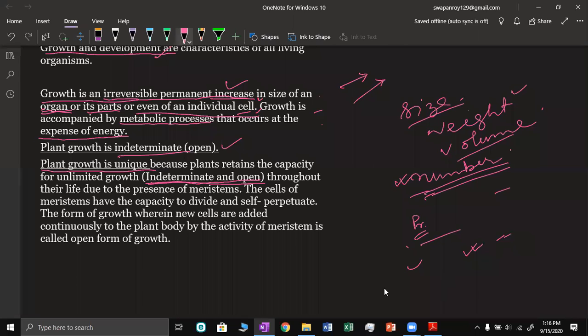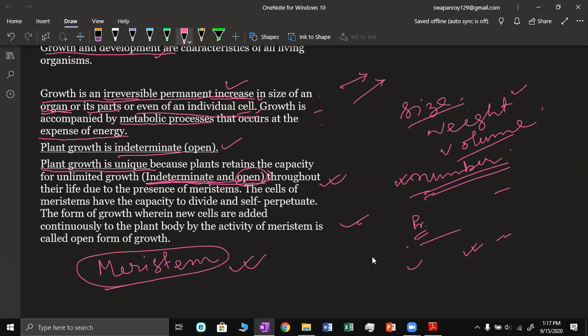But in plants, every year we can see new leaves, stems, branches, flowers, fruits coming. Maybe it is slow, but it continues. So this process is indeterminate, and it is open. The term open is used because plant growth is due to meristem. Plant growth is due to the presence of meristem.